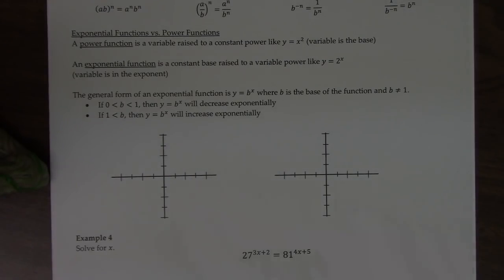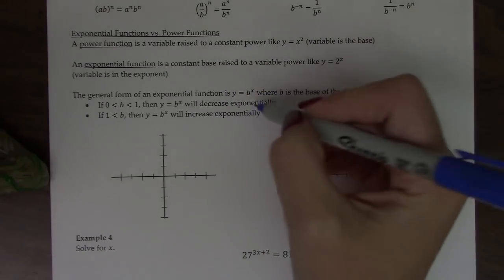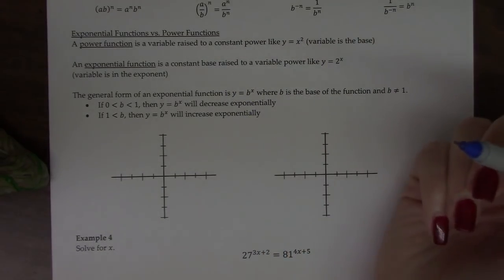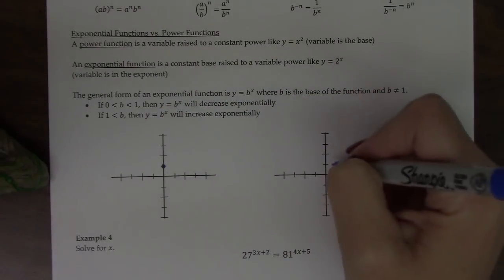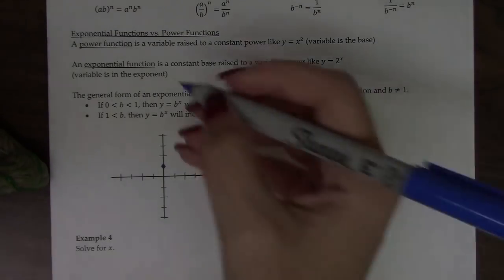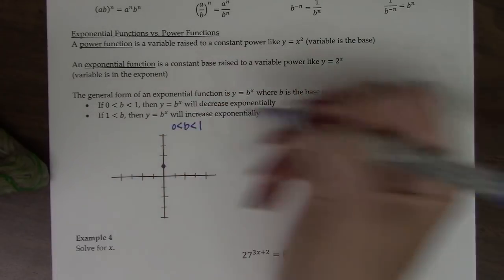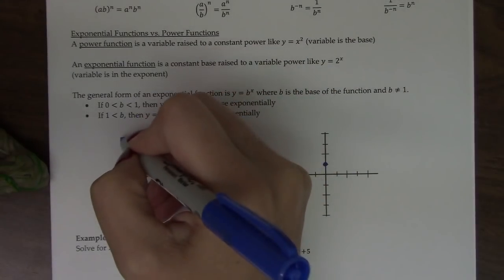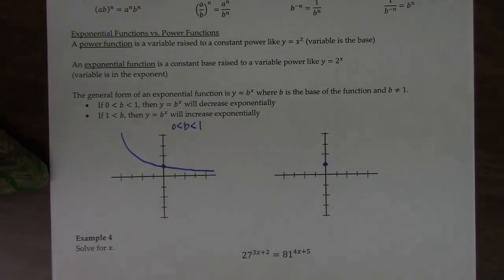So let's look at what's happening here. This is the general form. If x is 0, any number raised to the 0 power is 1. So this graph, in both cases we're going to look at, is going to pass through the point (0, 1). In the first case, where b is between 0 and 1, the function will get smaller and smaller because you're just taking a fraction and multiplying it by itself over and over again.